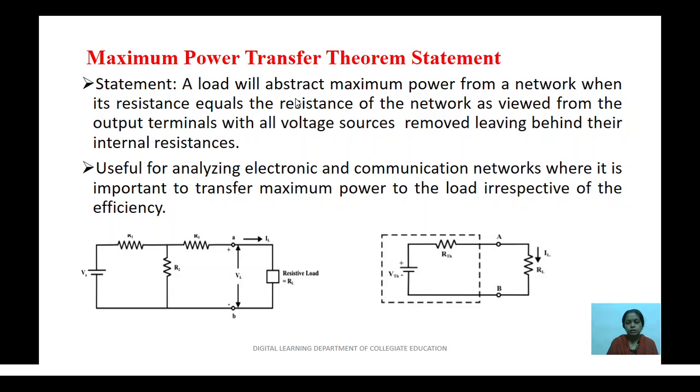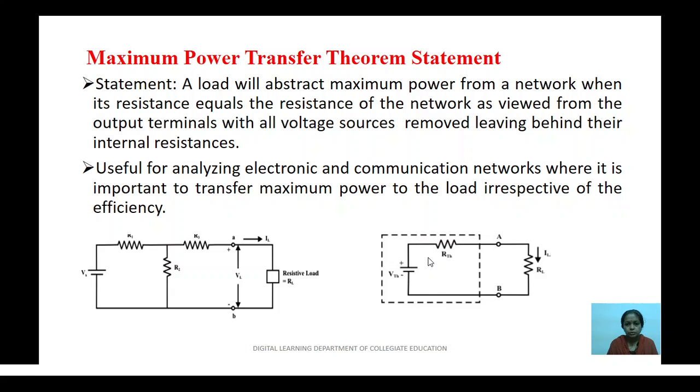A load will abstract maximum power from a network when its resistance equals the resistance of the network as viewed from the output terminals with all voltage sources removed, leaving behind the internal resistances. That means if there is a complex network, as we have learnt already, any complex network can be simplified using Thevenin's theorem.